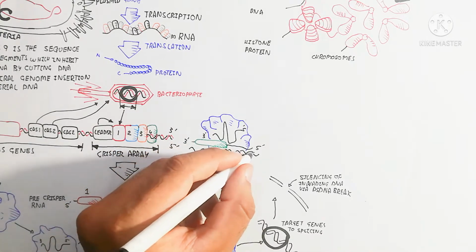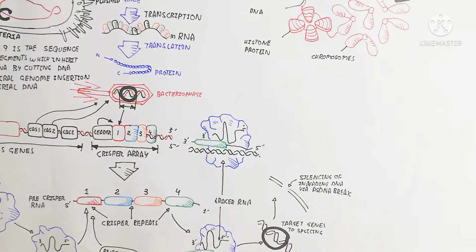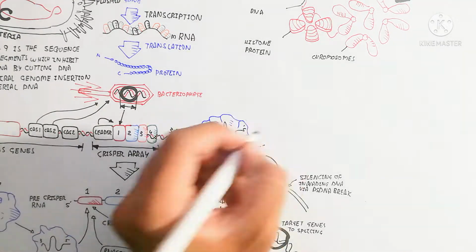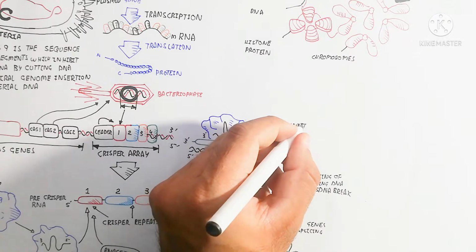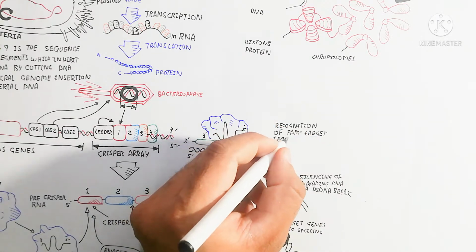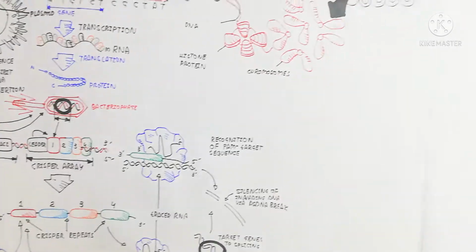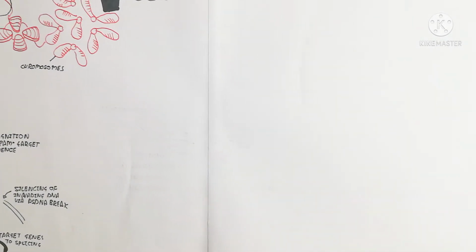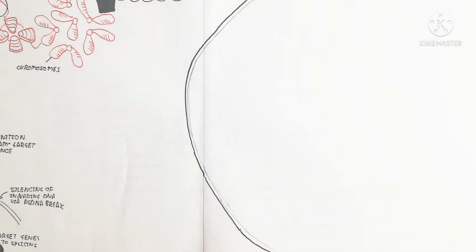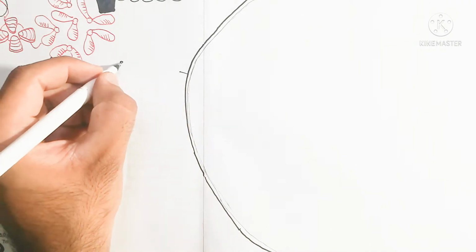The viral DNA is cut by this mechanism, known as silencing of invading DNA via DNA breakdown. It looks like this. This is the DNA which is breaking down, with recognition of the PAM target sequence. I hope you get a sense of the overview.